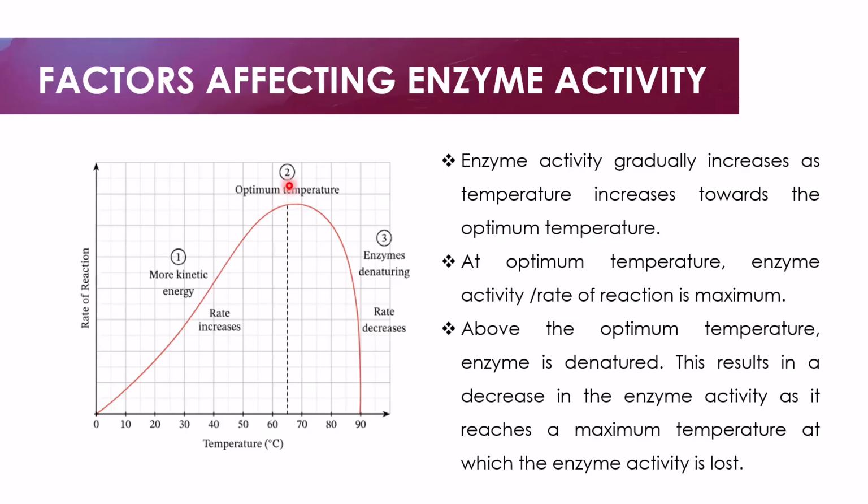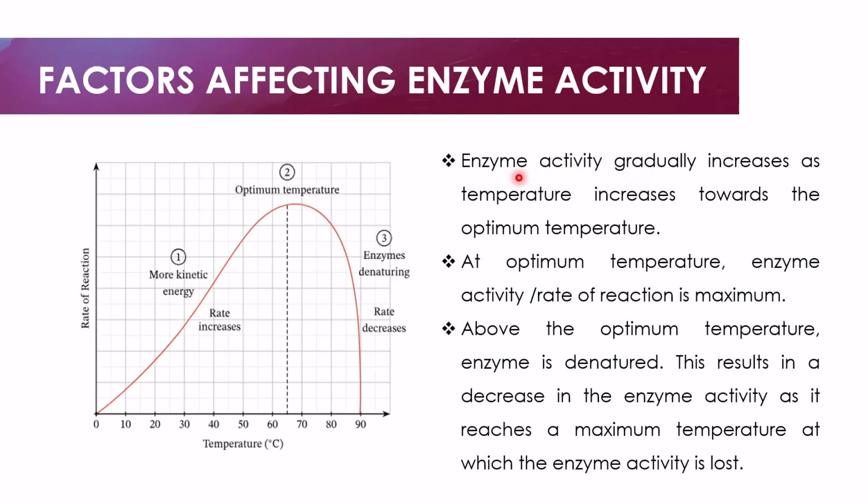At this optimum temperature, the rate of reaction becomes maximum. As temperature increases beyond the optimum, from 65 to 90 degrees Celsius over here, the enzyme denatures, and as a result, the rate of reaction decreases.